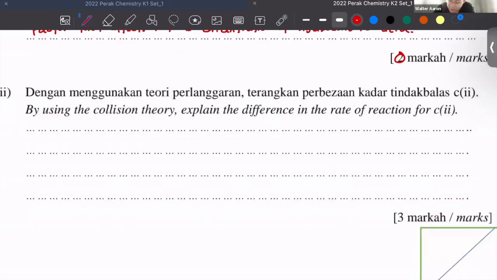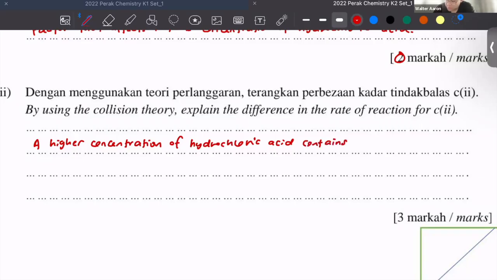So you say here, a higher concentration of hydrochloric acid contains more hydrogen ions. Okay, so that's the first part.